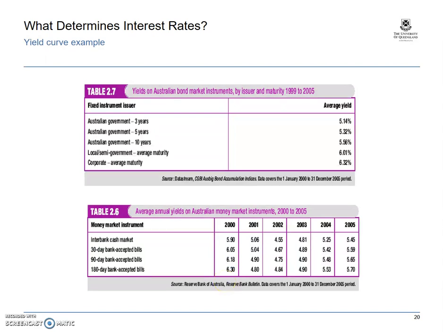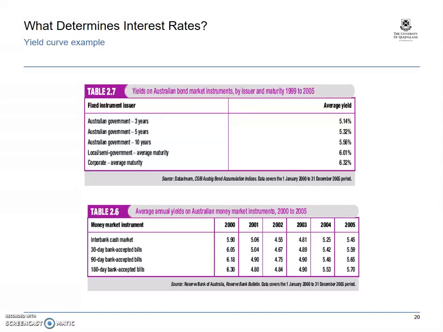We can see in table 2.7 that usually, not always, but usually, interest rates are lower for the shorter term maturities and slightly higher for the longer term maturities. Sometimes that can invert, where short-term interest rates are higher than long-term ones, and often this is a case of an overheating economy, and so the Reserve Bank has had to increase interest rates quite high, but the market believes the long-term rates will be lower.